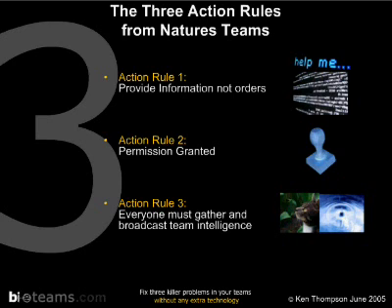Action rule 1. Provide information, not orders. It's also important, if you're providing information to a team that is used to getting orders, that you condition them to handle it, because this normally just produces paralysis if a team is conditioned to be ordered to do what it needs to do.